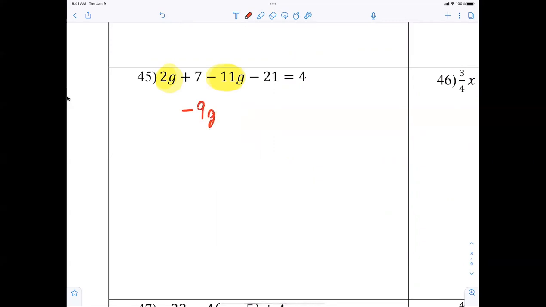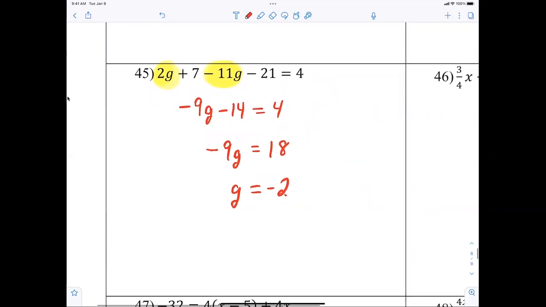And then 7 plus -21 is -14, equals 4, so you add 14, which is 18. And then equals -9G. And then 18 divided by -9 is G equals -2. Now you understand, Max. Look how great that is. All right, very good.